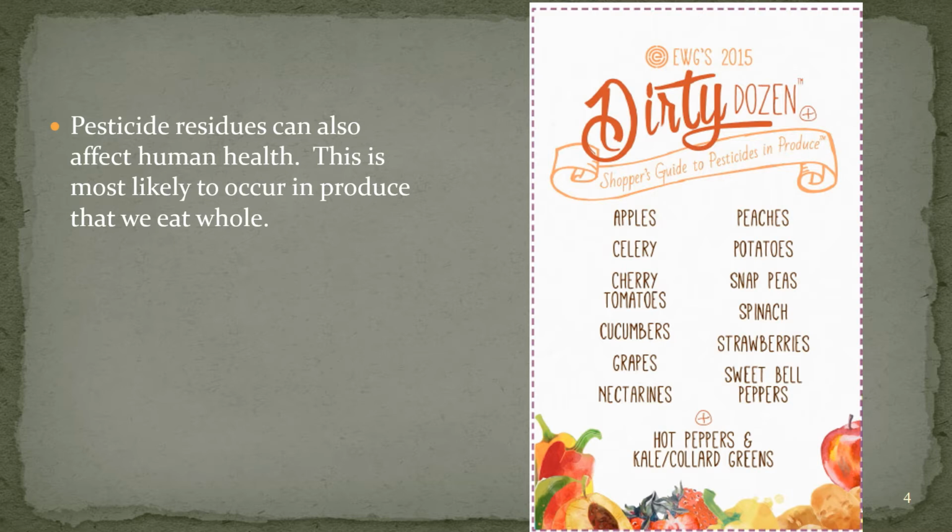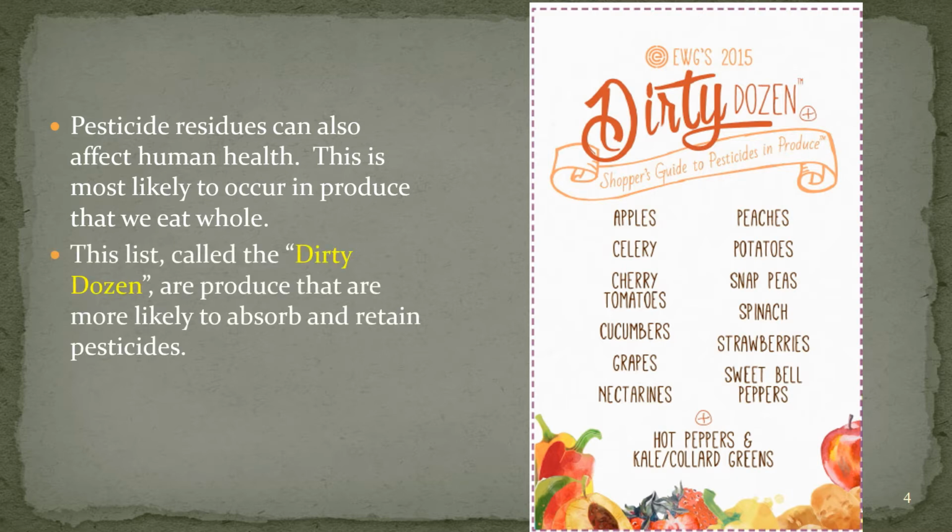Okay, so apple, celery, cherry tomatoes, cucumbers, grapes, nectarines, peaches, potatoes, snap peas, spinach, strawberries, sweet bell peppers, hot peppers, and kale and collard greens. This list, called the Dirty Dozen, are produce that are more likely to absorb and retain pesticides sprayed on them because they don't have a super thick outer shell to protect against absorbing it into the actual meat of the fruit.